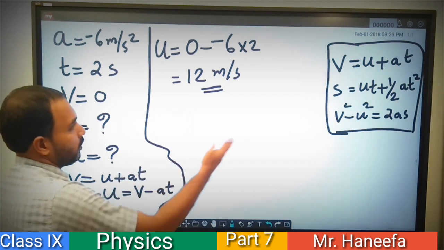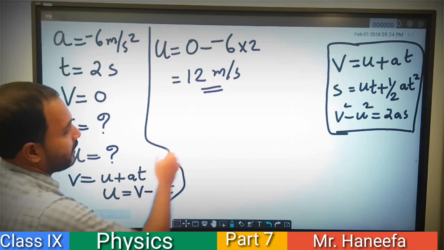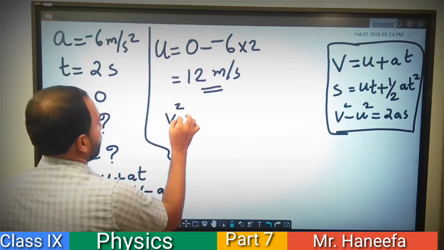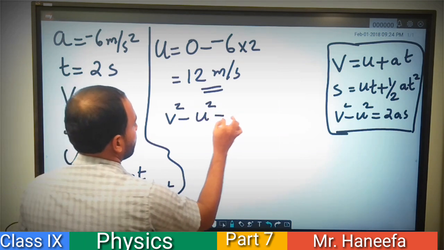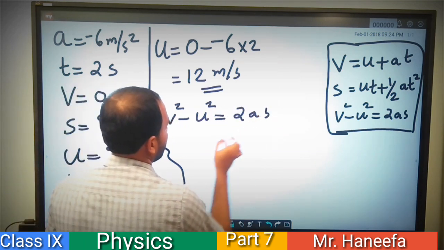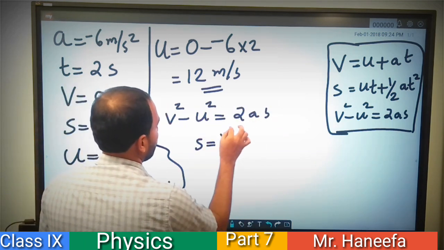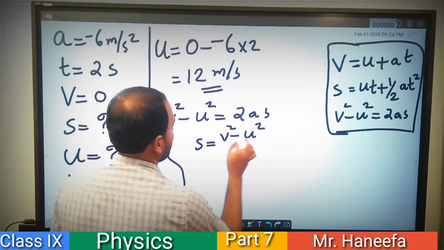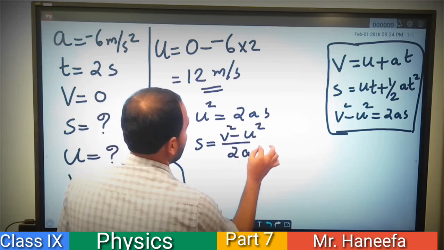Then we can find s. We can use the last equation, v square minus u square equal to 2as. s equal to (v square minus u square) by 2a.